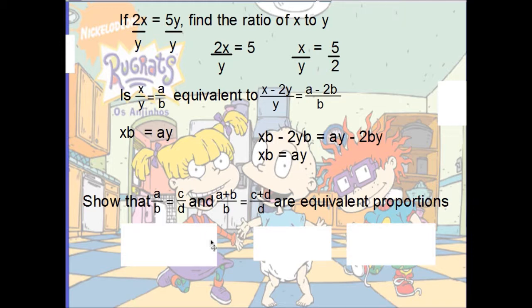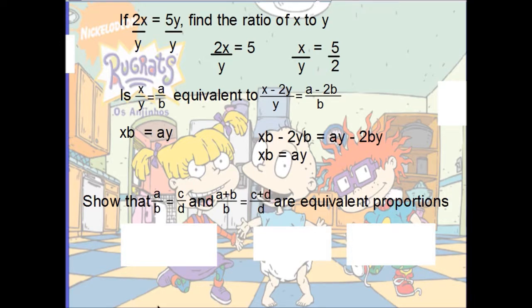Our last one looks kind of similar to the one above it, but it really is very different. I want to show that a over b equals c over d, and a plus b over b is equal to c plus d over d. We want to show that they're equivalent proportions.